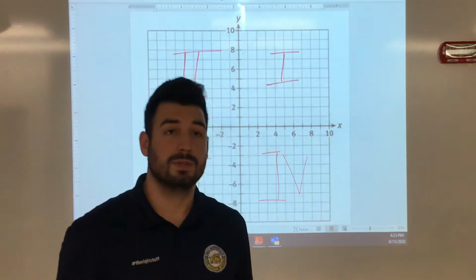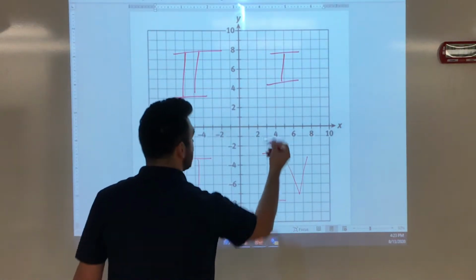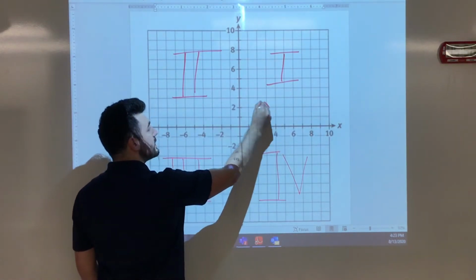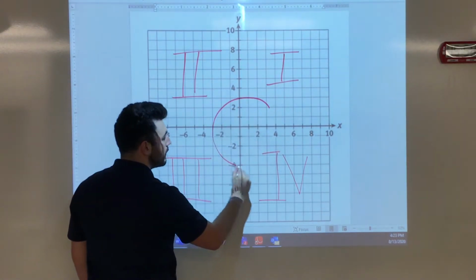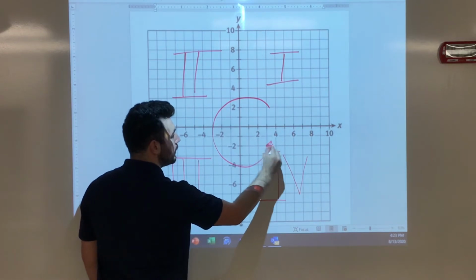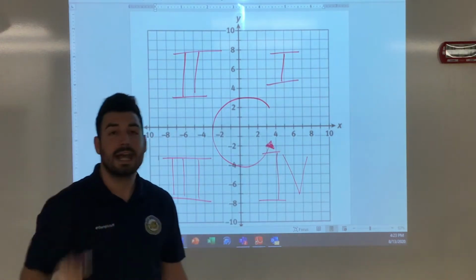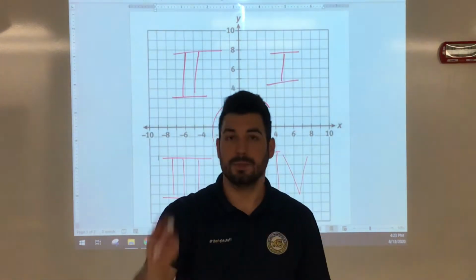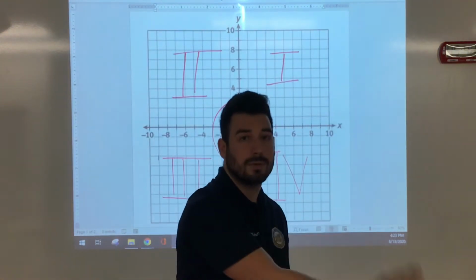Those are the 4 quadrants. One way to help remember this is, if you start over here, I typically draw a C with a little arrow. That's because we're moving in a counterclockwise direction, and that helps me remember how to name them: quadrant 1, 2, 3, and 4.